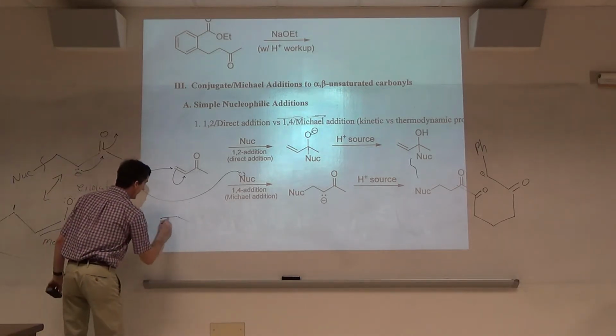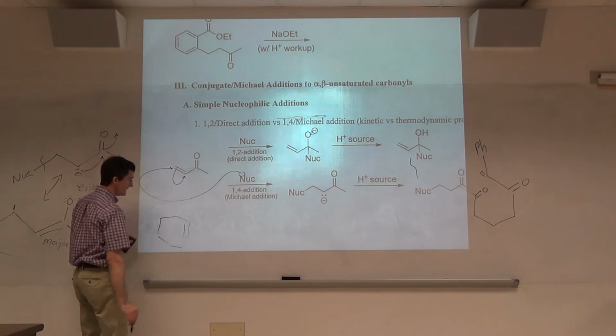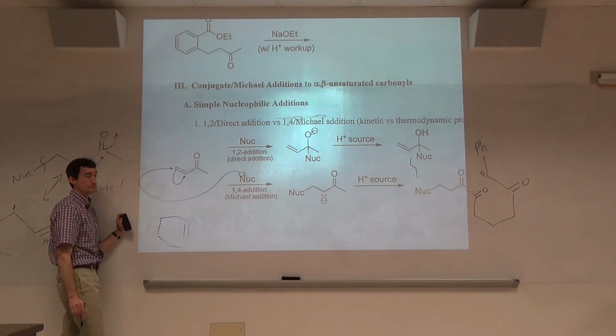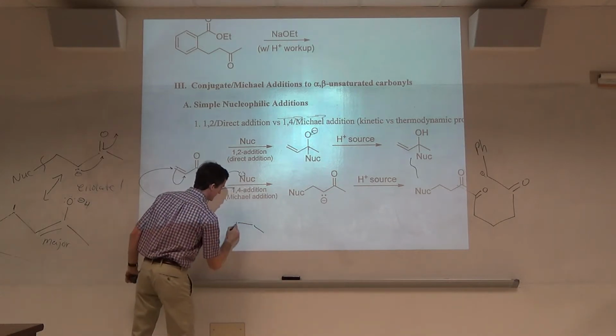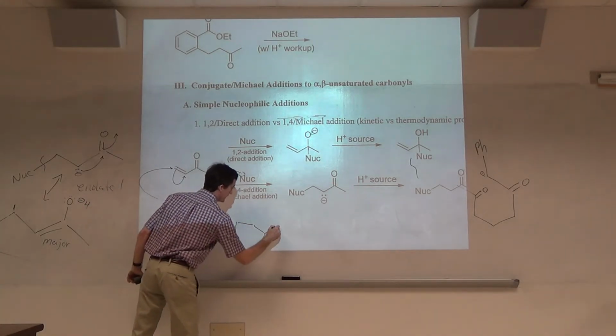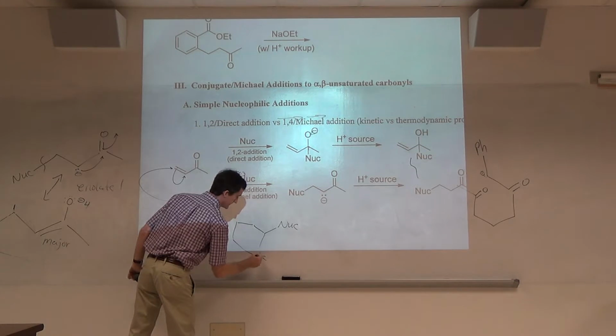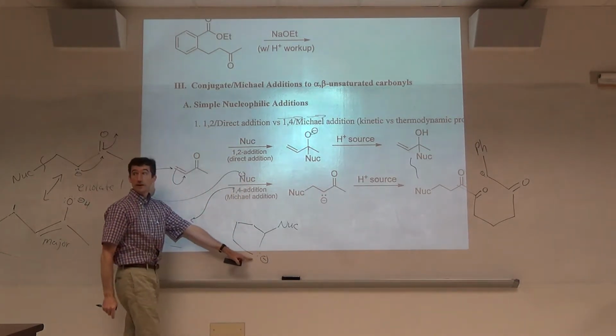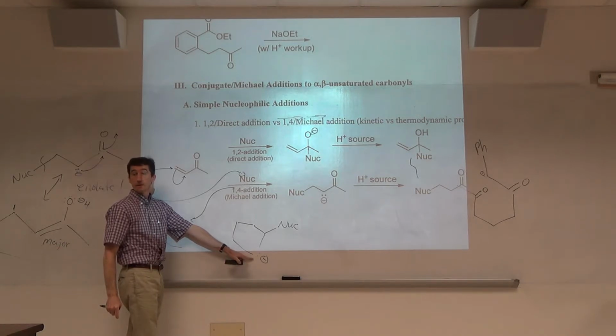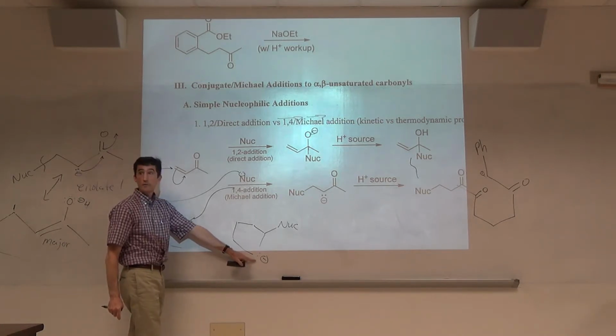Can a nucleophile add to just a plain double bond? Well, if it did, you would get this anion after the electrons came in here. Is that on a heteroatom? Can you do resonance and put it on a heteroatom?